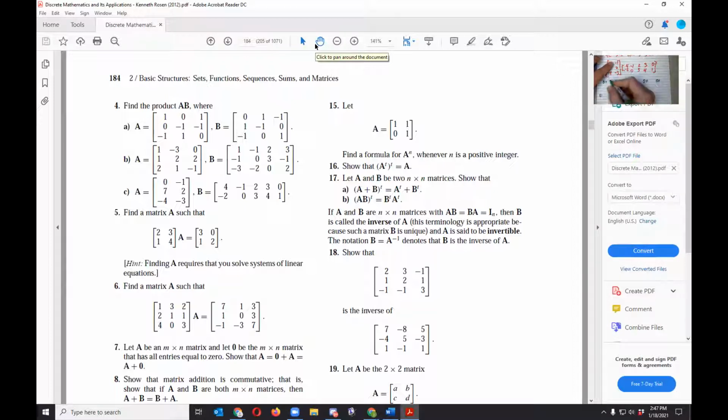So -1 times -2 is going to be +2, 0, -3, -4, and -1. Okay, now we'll do the same thing on this time. It'll be 28 plus, -7 plus, 14 plus, 21 plus, and 0 plus.